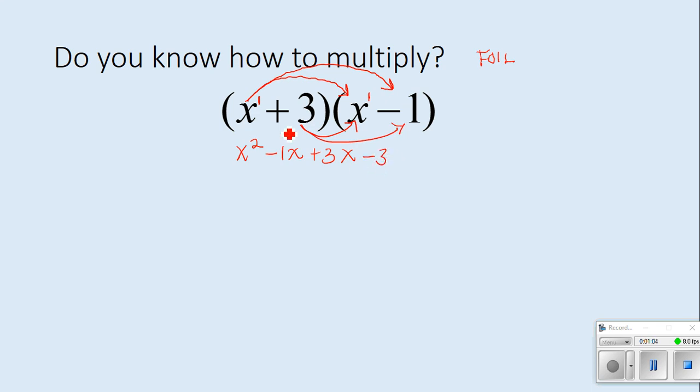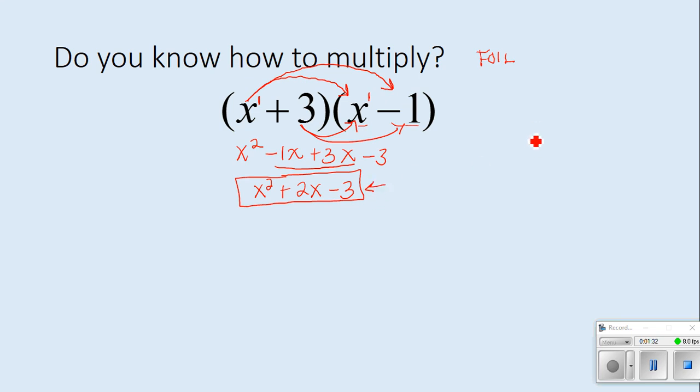Negative 3. So notice how I double distributed both the x and the 3 to both of these two parts, the x and the negative 1. And now we can add like terms. So x squared, 1x minus 1x plus 3x is plus 2x. Bring down the negative 3. When I multiplied these two binomials, I get this.